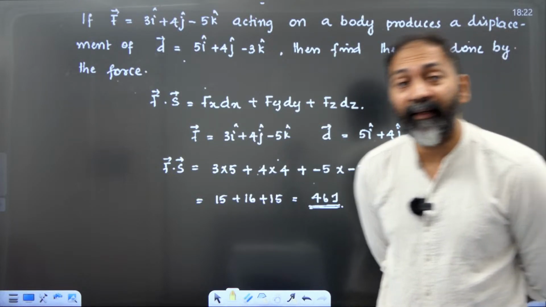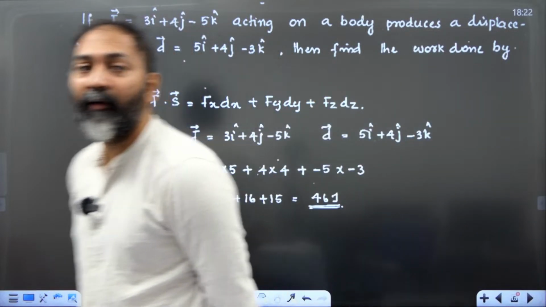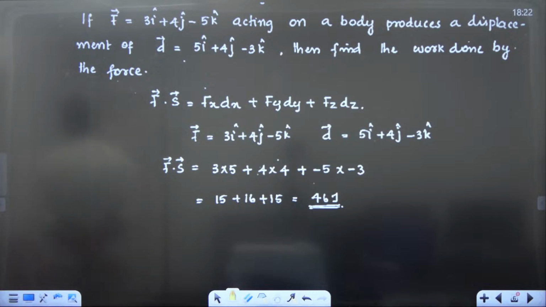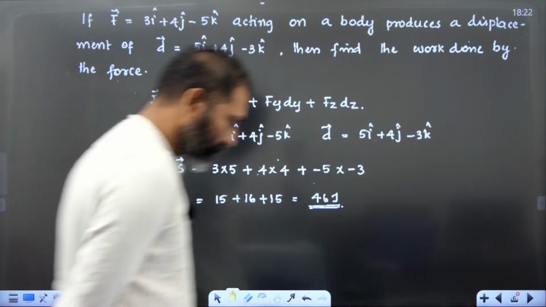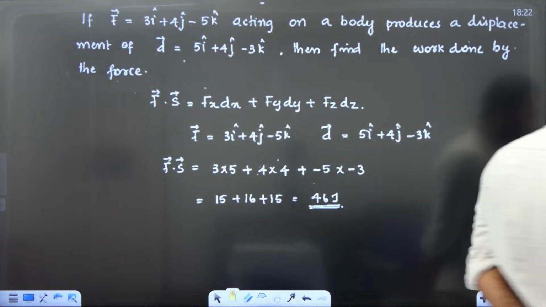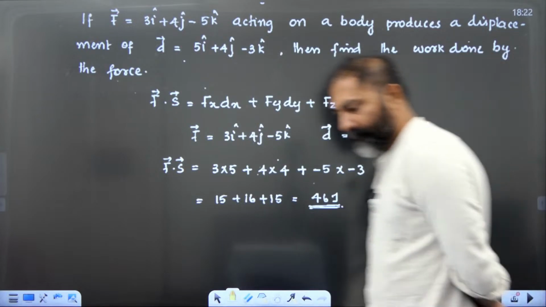But if it is given as vectors, then you have to find out the dot product. How to find out the dot product? Multiply the x components of force and displacement, multiply the y components, multiply the z components. That is the method to find out the dot product. Please do it. See it up.